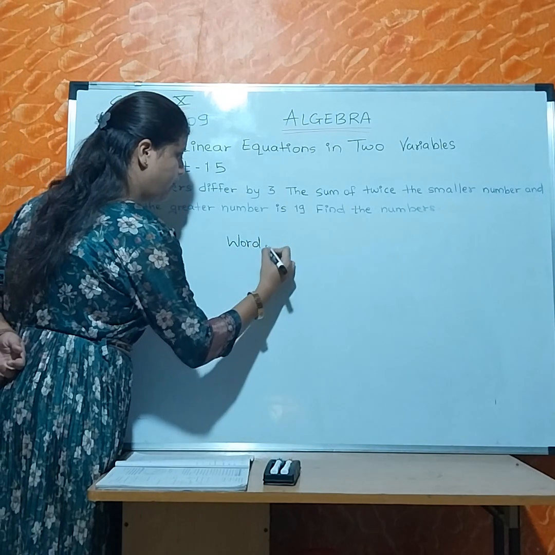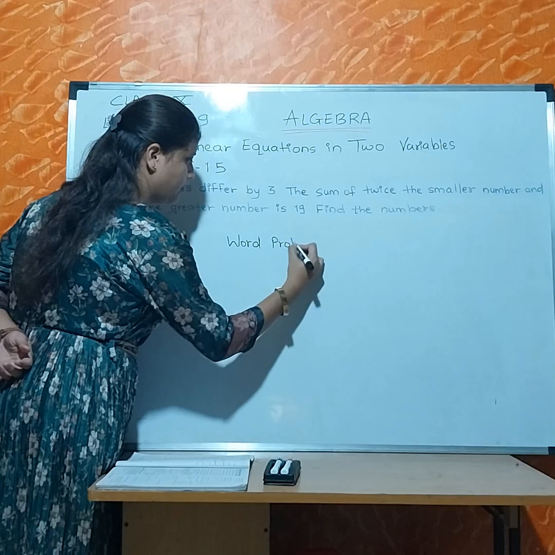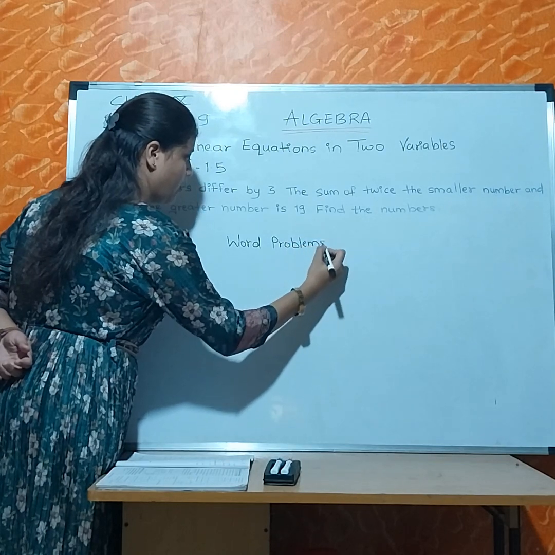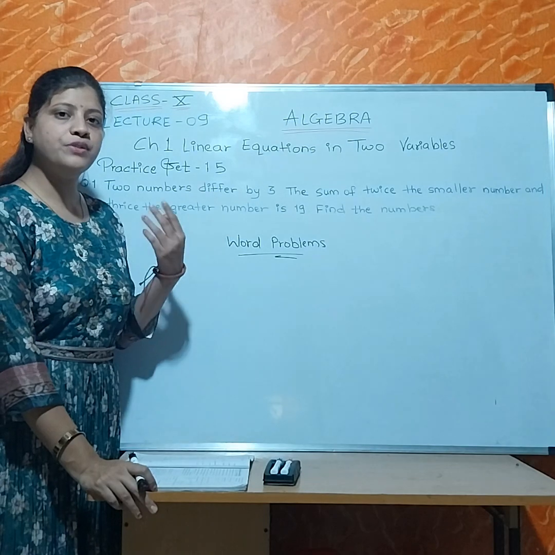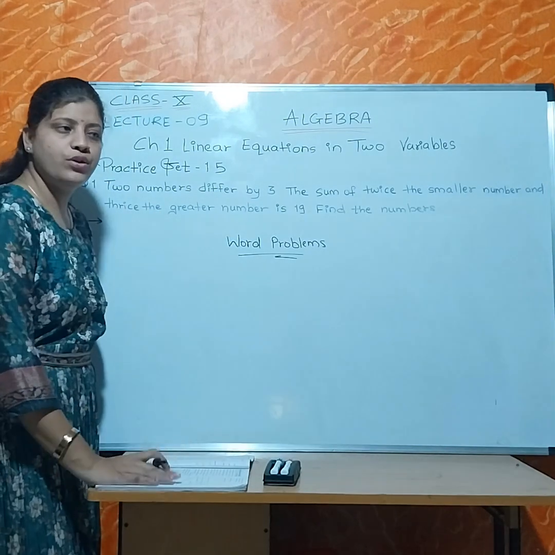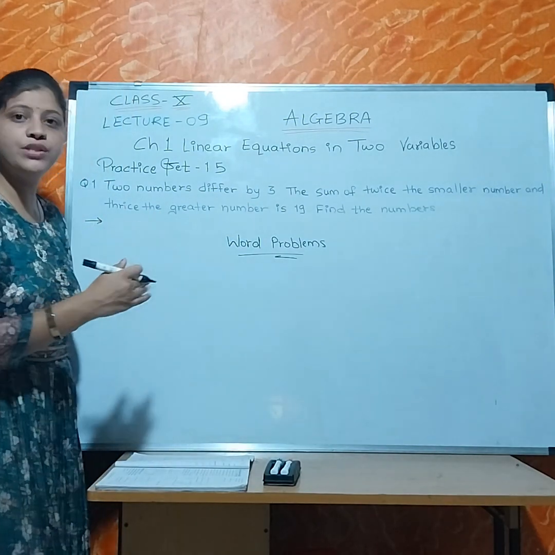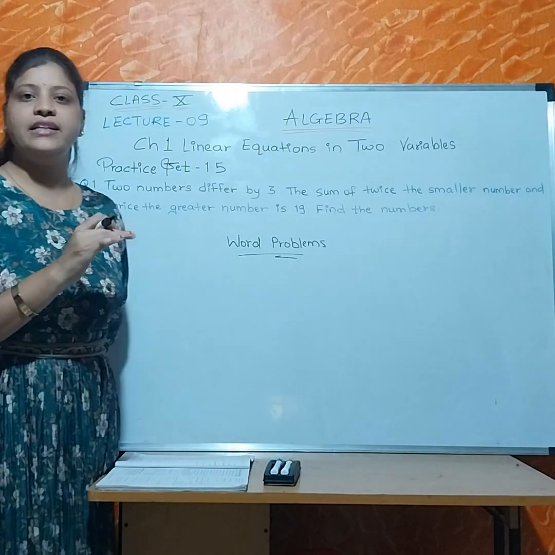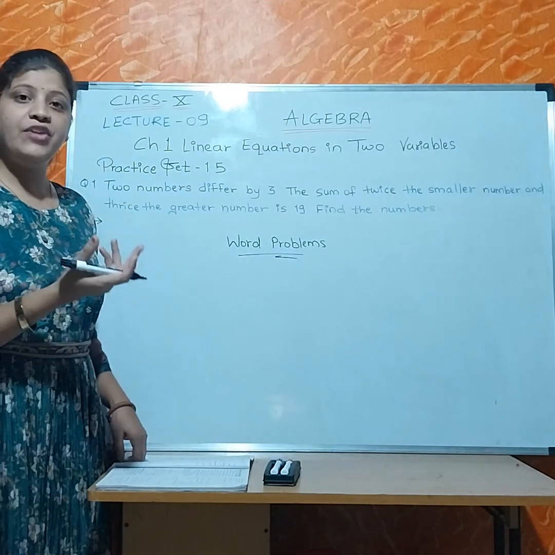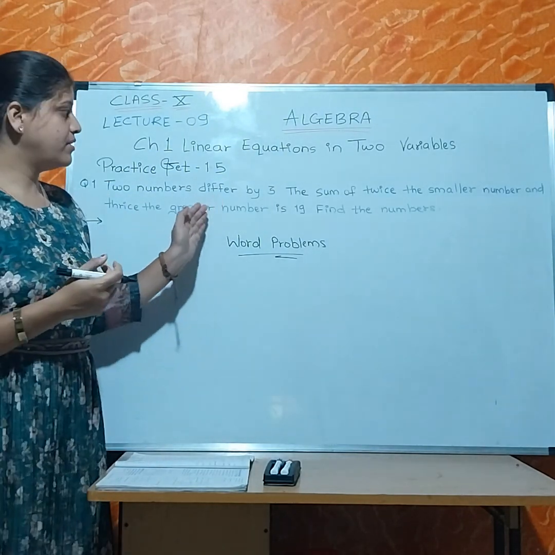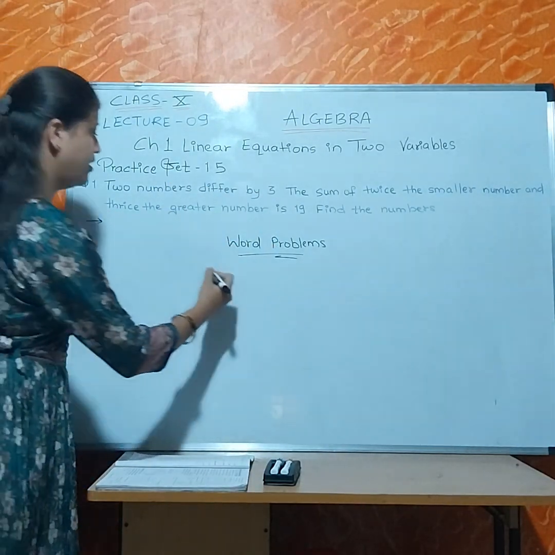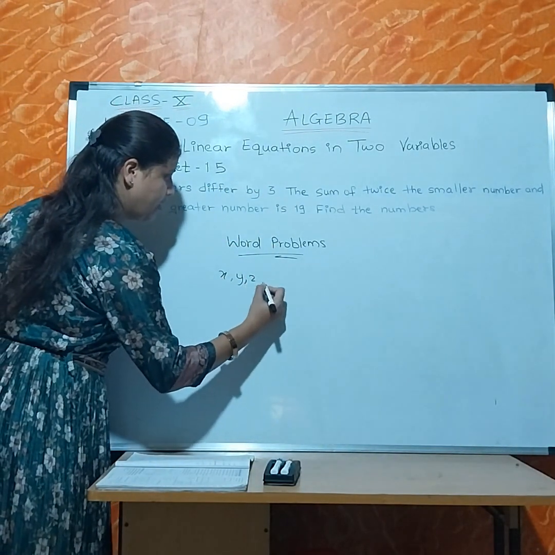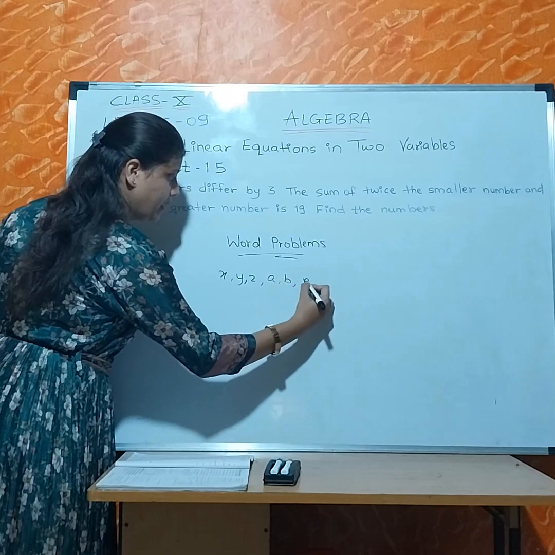We have to solve word problems. Word problems means application of simultaneous equations. In these questions, you have to first read the question carefully and understand it. You have to identify unknown quantities, which means we have to assume them with any variable x, y, z or a, b, p, q.